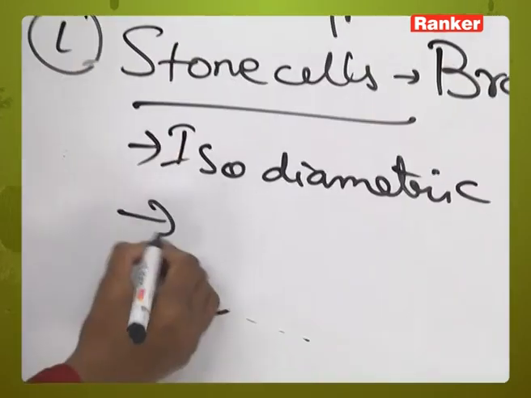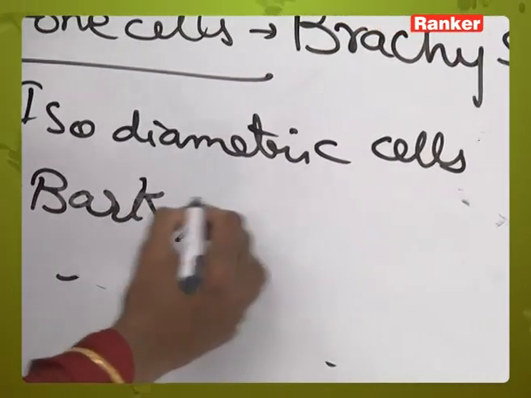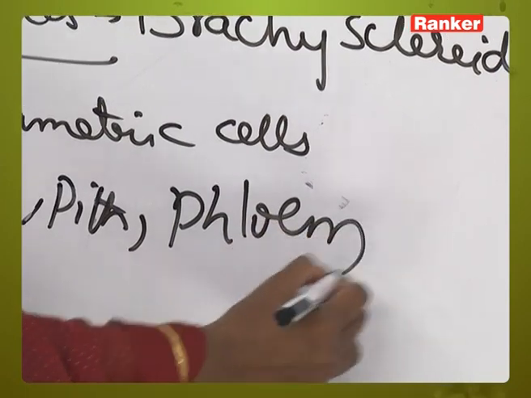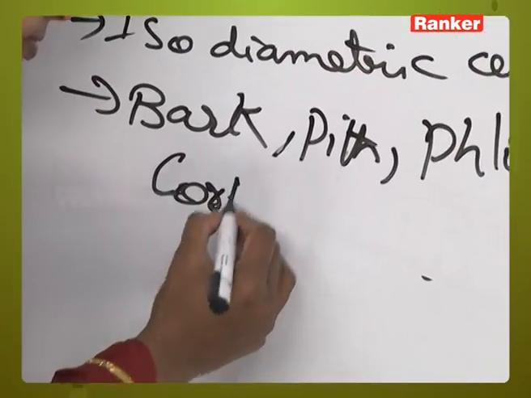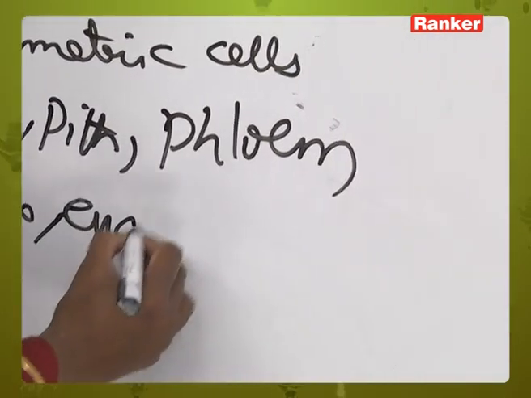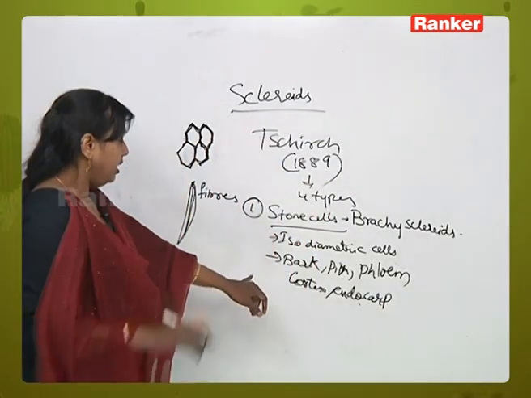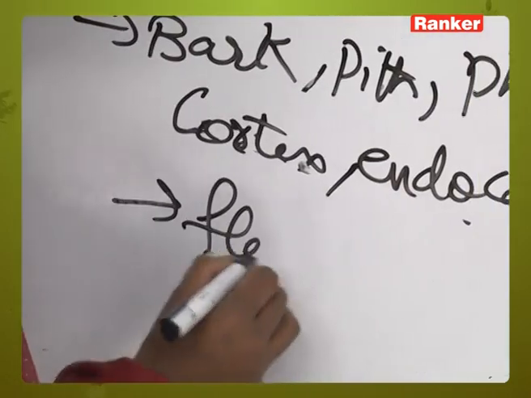These are found in the bark of stems, in the pith, in the phloem, in the cortex, in the endocarp. This will make you one multiple choice, and they are also found in the fleshy portions of some fruits.